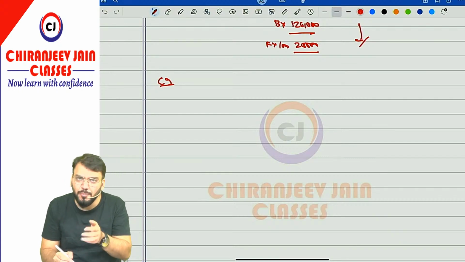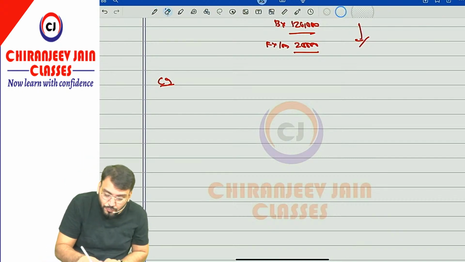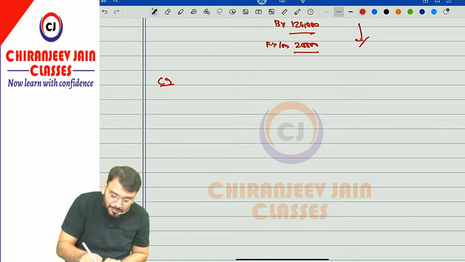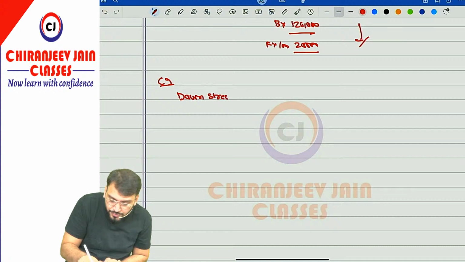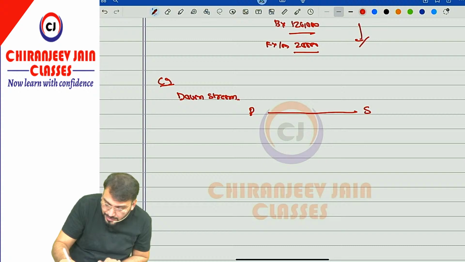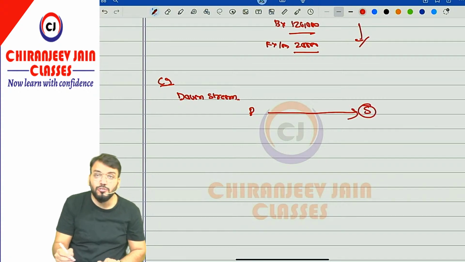Cancellation of unrealized profit. Now there can be 2 types of transaction. One is known as downstream transaction. A similar point we have done in amalgamation, but there is a slight difference. Downstream transaction means the parent company has sold goods to the subsidiary company.